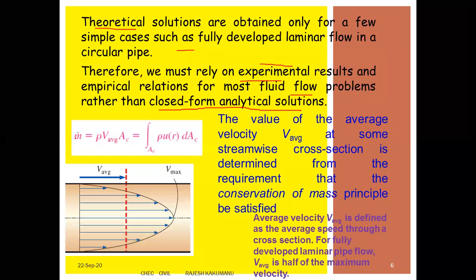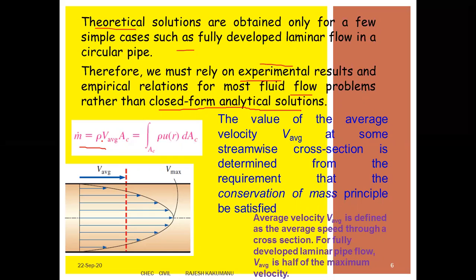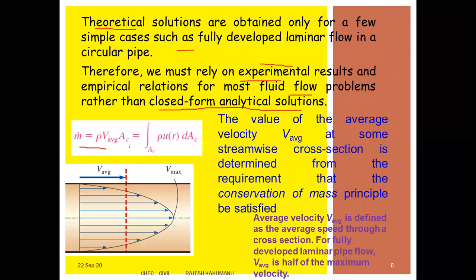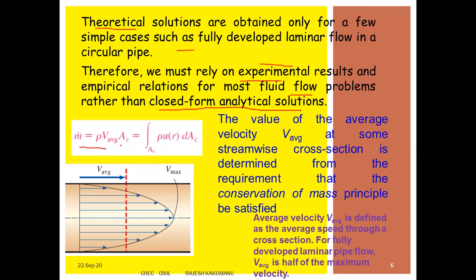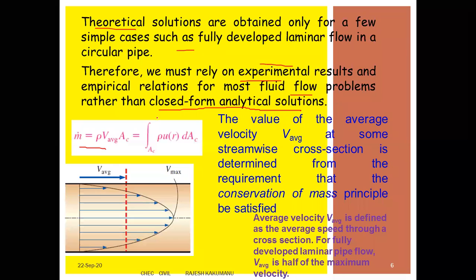Now this formula we already discussed in the previous class, that is m is equal to rho into average velocity into area of cross section. That implies the integral of velocity over the area of cross section.